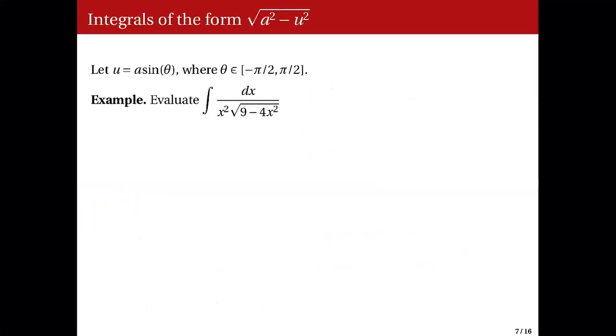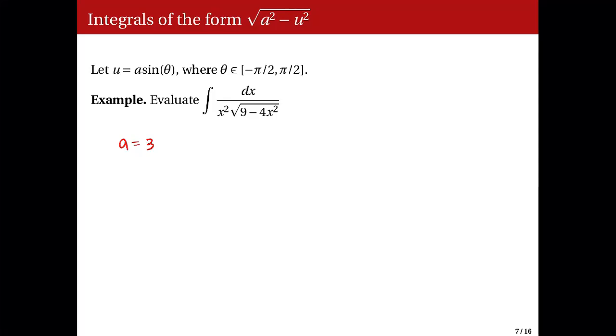Let's do this next example. We want to evaluate dx over x squared times the square root of 9 minus 4x squared. In here, we have a equal to 3. Before we just had x squared, now we have 4x squared.